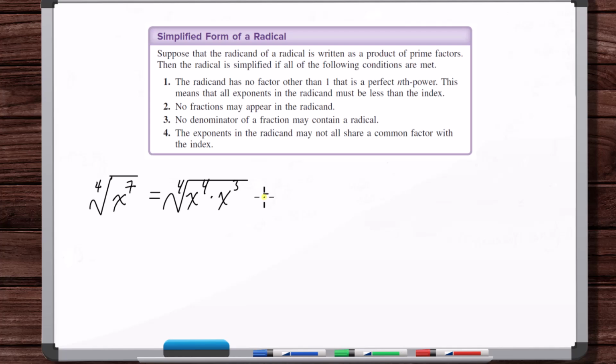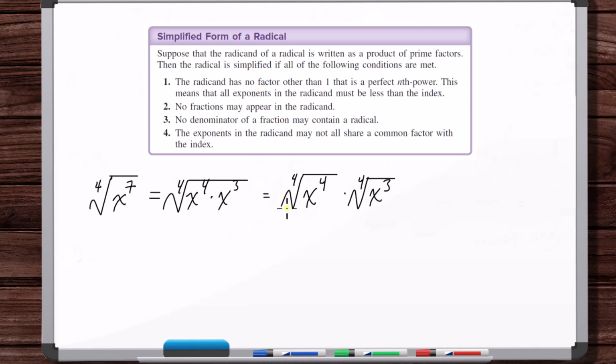Now using the product property in reverse, and then now we can simplify this. We can turn this into, but this we can't simplify, but we can simplify this. Now, but here we go.